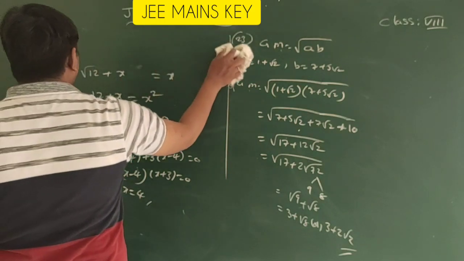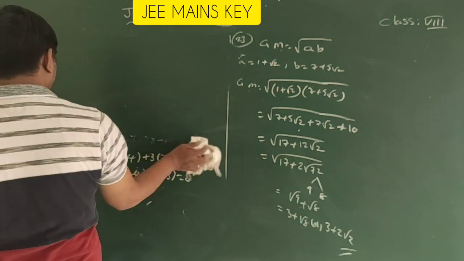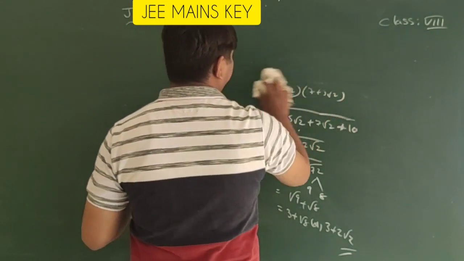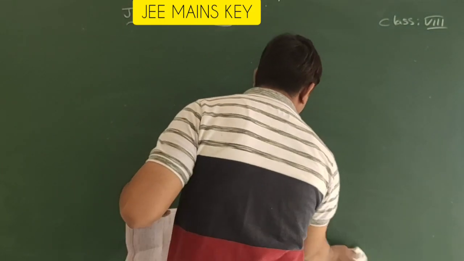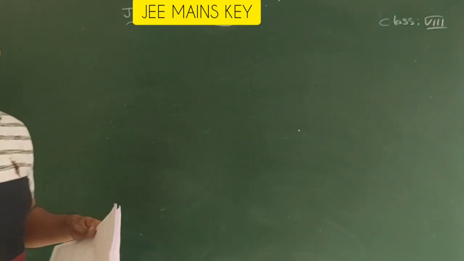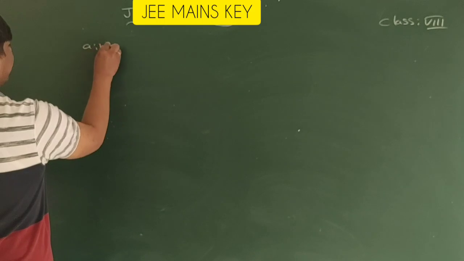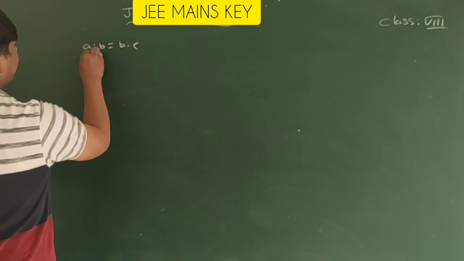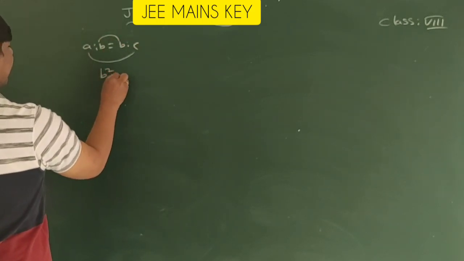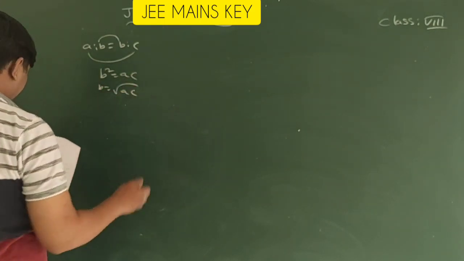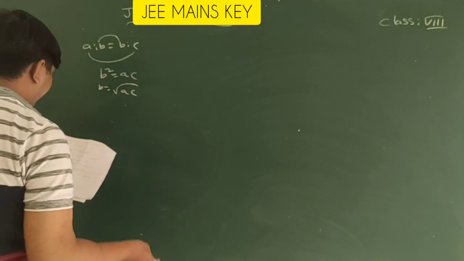Next, mean proportional. Mean proportional means A is to B is equal to B is to C. Same as the geometric mean only. This is the mean proportional. B square is equal to AC, B is equal to root AC. In the same way, simplify that.